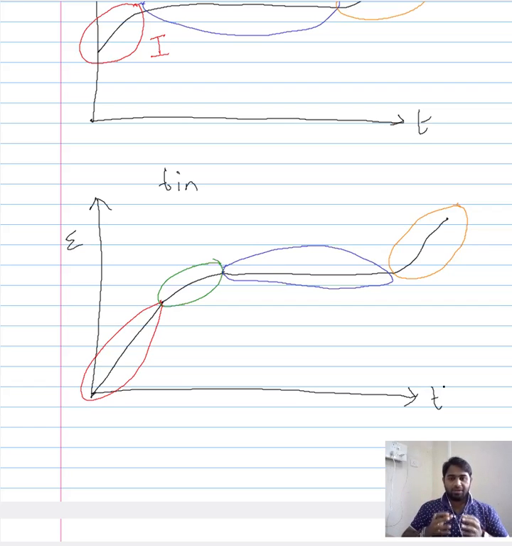So instead of categorizing your creep curve based on the time taken for the instantaneous creep, when you split the curve into 4 different stages, you can describe each of these stages based on the time taken by the material for each of them. And if the TIN is so low and close to 0, then you can say that stage 1 of the 4-stage creep curve is insignificant. So this is a more generalized way of looking at things.